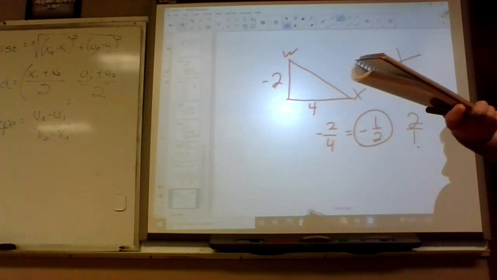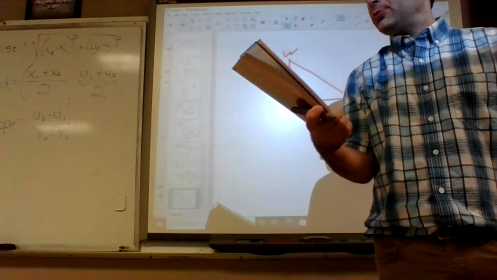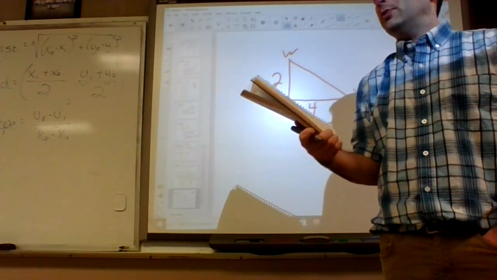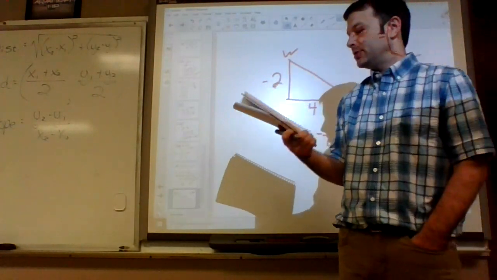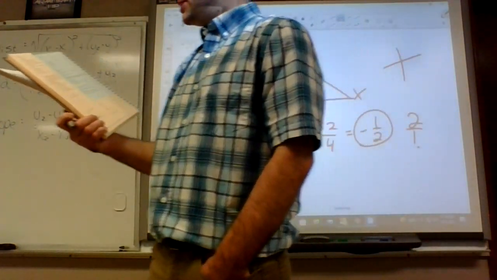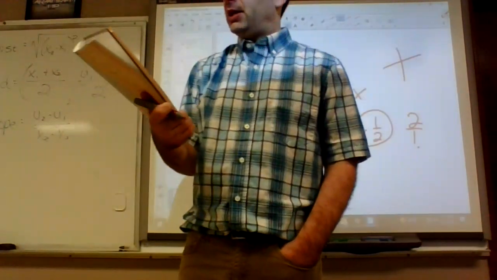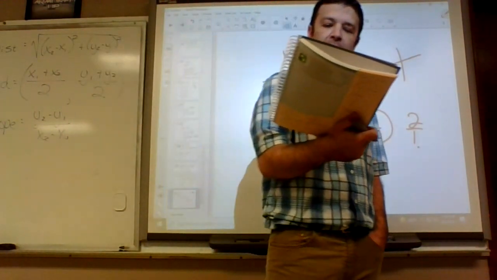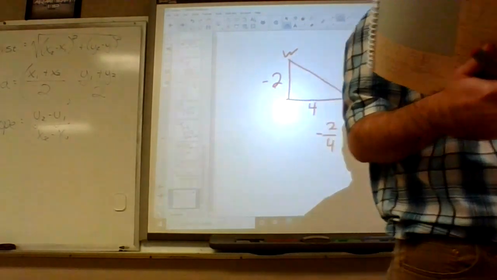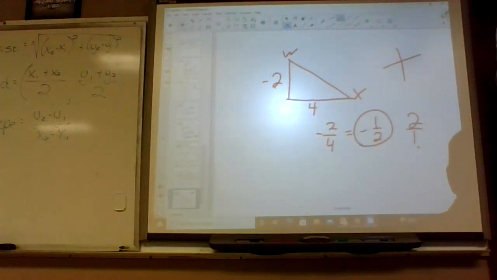One of those lines, either WZ or XY, has a slope of 2 over 1, or just a slope of 2. Number 33, which segments are parallel? ZW and XY. Okay, how can we tell by their slopes? What do we know about parallel line slopes? They have the same slope.